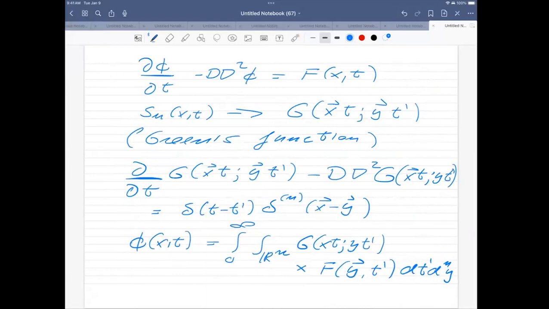So you can read this as the probability of making a transition from a position y at the time t prime to a position x at the time t. We can compactify this because often we are assuming that the time can be described in terms of the time difference t minus t prime, and that it is reversible when it comes to time, but then it may change as a function of x and y.